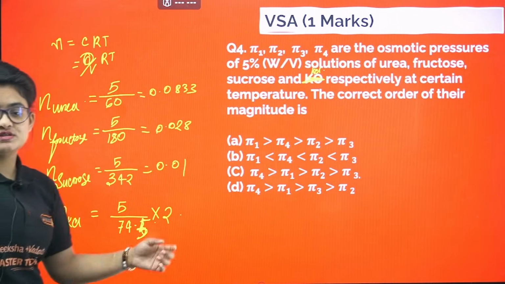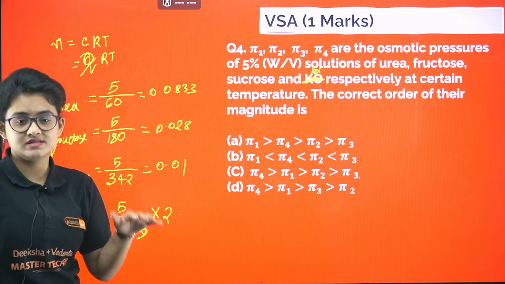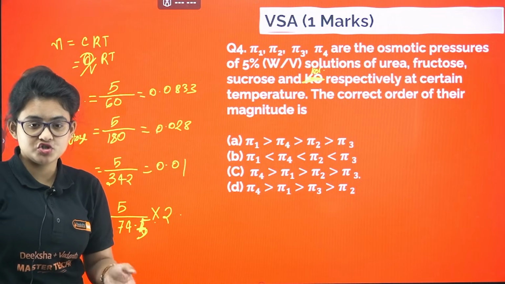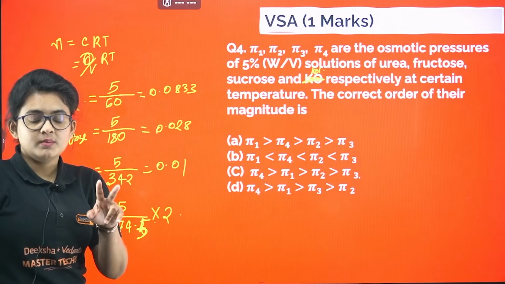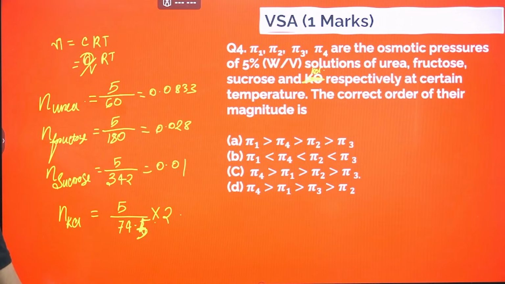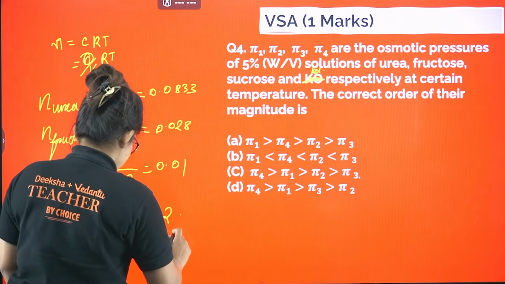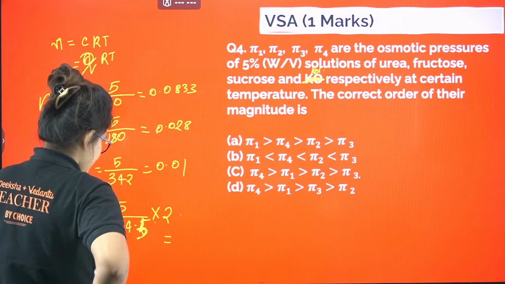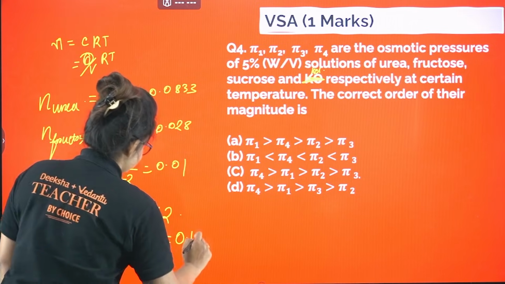But KCl can be dissociated into K plus and Cl minus. So whenever it comes to the solution, it will be 2 particular ions, K plus and Cl minus. So you have to multiply this with 2. So 10 by 74.5, here also you are going to get something like 0.1.